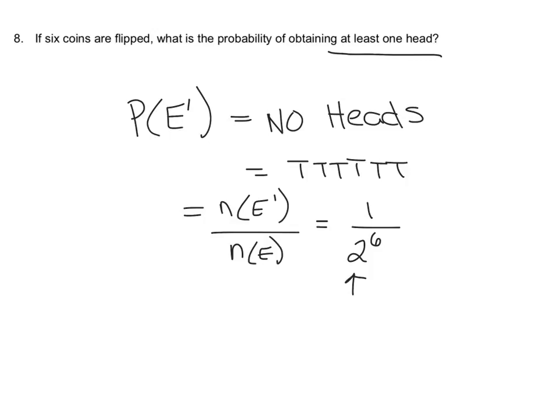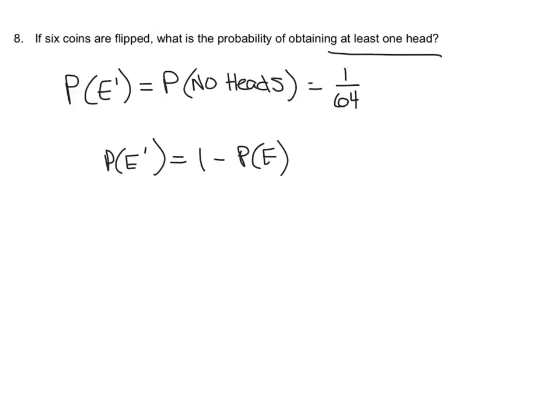We can either get a heads or a tails on one flip of a coin. But we're flipping 6 coins, so that means we're multiplying 2 to itself 6 times. So the probability is 1 over 64. Again, this is the probability of the complement, or of obtaining no heads.